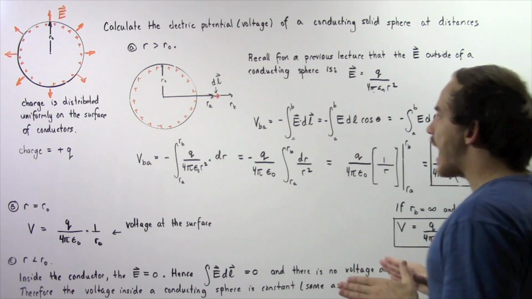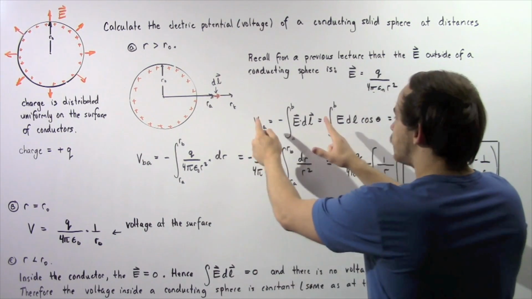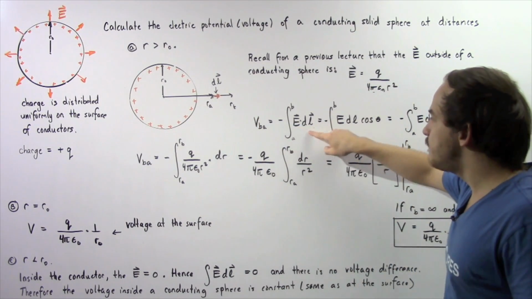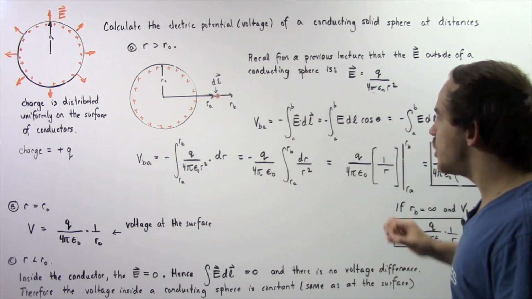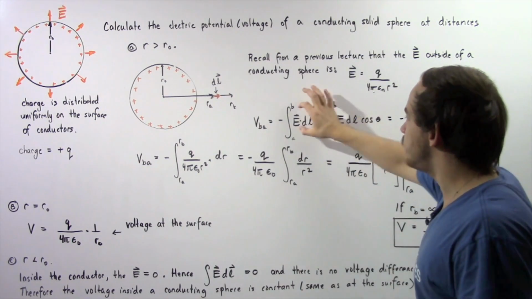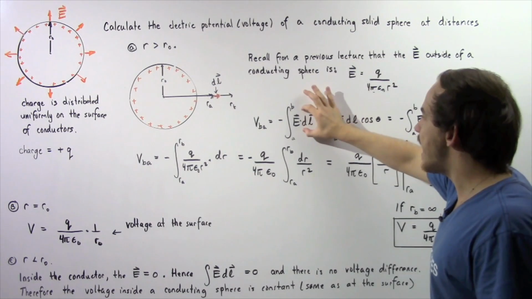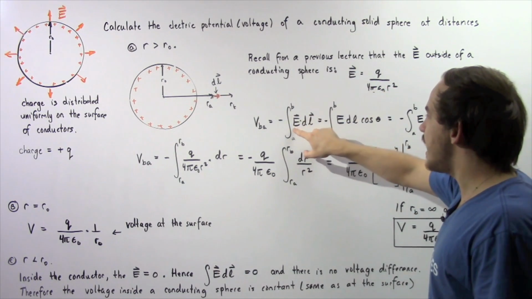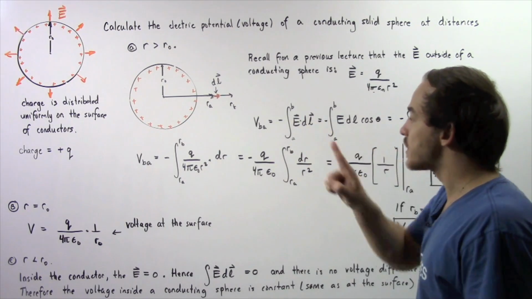Now, to calculate our voltage difference, we have to use this equation. Now, by definition of the dot product, we know that the dot product is equal to the product of the magnitude of E multiplied by the magnitude of dL multiplied by the cosine of the angle between these two vectors.